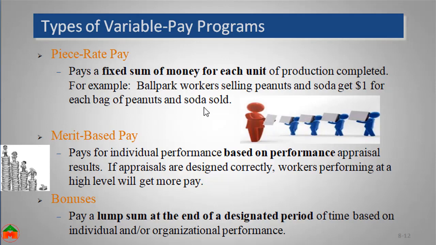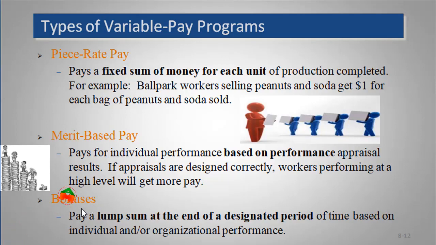And the second way of paying the employees is merit-based pay. Under merit-based pay, the manager pays for individual performance based on performance appraisal results. If appraisals are designed correctly, workers performing at a high level will get more pay. The managers can also use bonuses to motivate the employees.